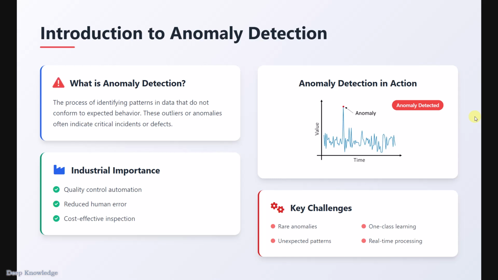It's also one class learning, so you have only one class, and also real-time processing. You need something really fast, and I will show you I have an optimized algorithm that runs in 5 milliseconds on a GPU and maybe 50 milliseconds on a CPU. I will show you all this, and also the optimization.